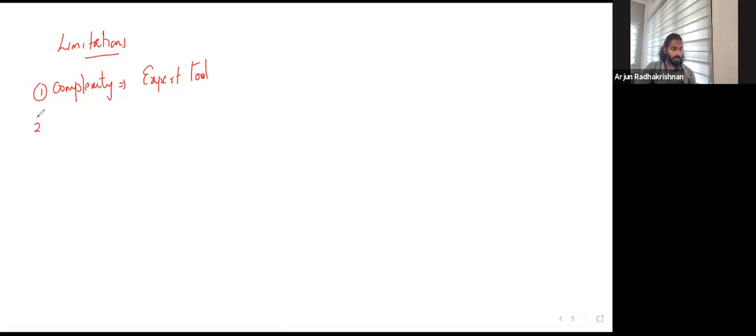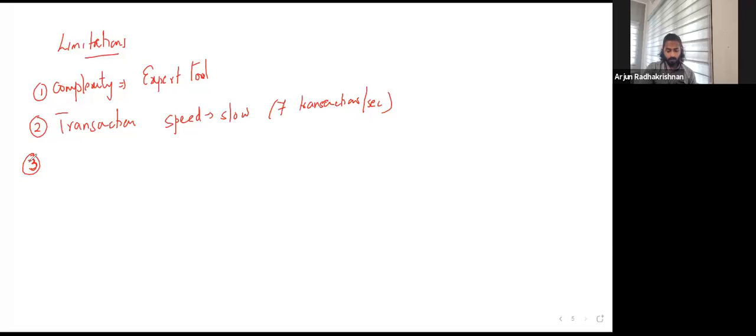Then second, transaction speed is low. See, only 7 transactions can happen per second, right? So transaction speed is low.